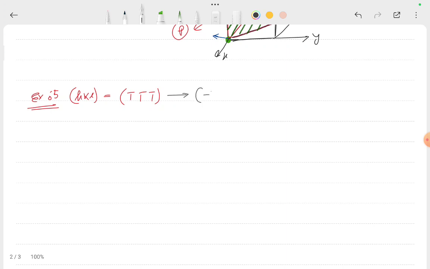It means minus 1, minus 1, minus 1. Okay, and now we are trying to sketch it.